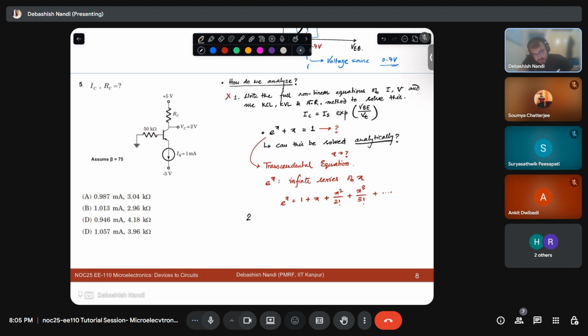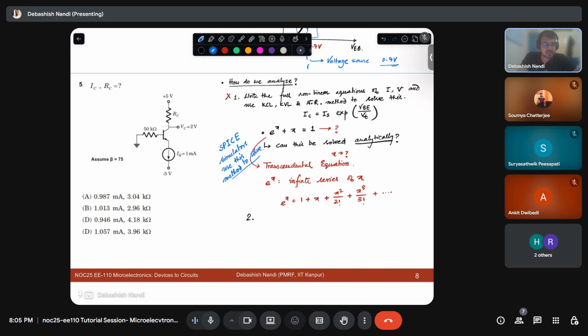But you know your SPICE simulators or your circuit simulators use this method to solve only. Okay, just a pointer.